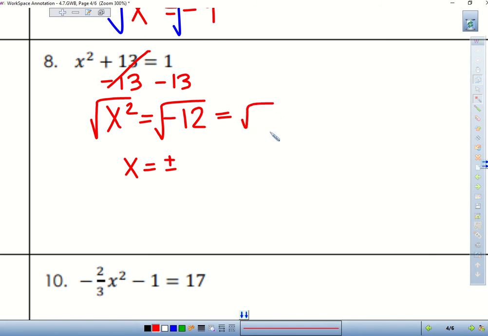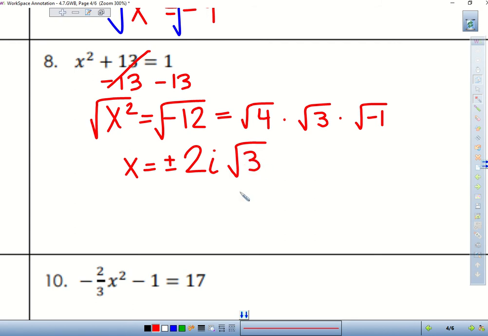I'm trying to find a perfect square number that goes in. 4 and 3. Good. So I got 4, 3, and negative 1. So what is the square root of 4? Square root of negative 1? I. And square root of 3 cannot be simplified. Make sense? All right.